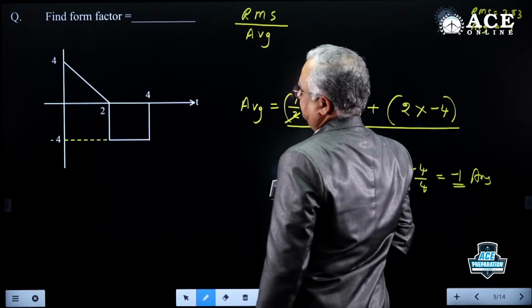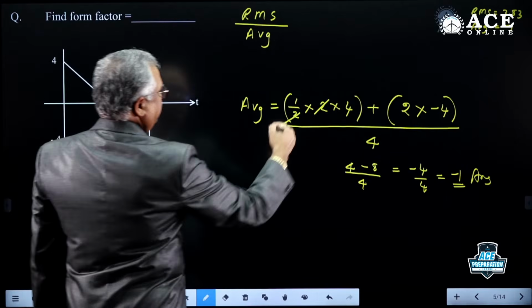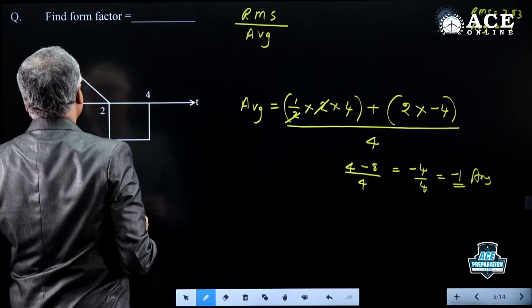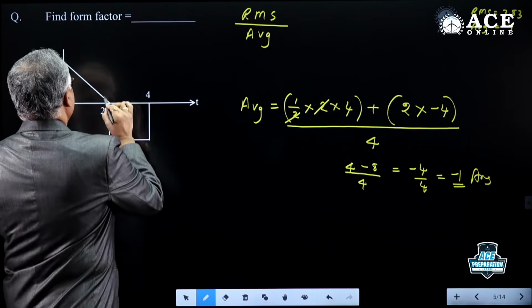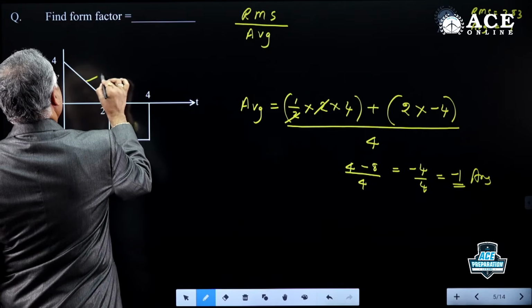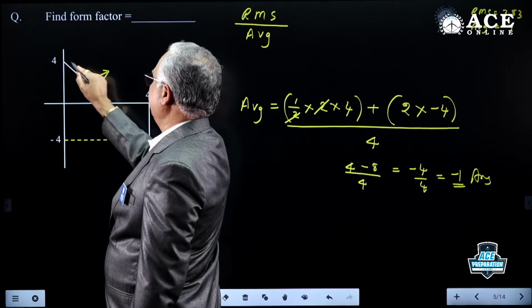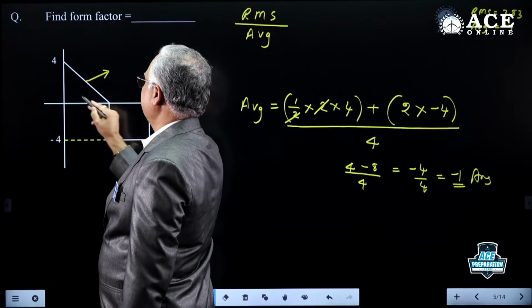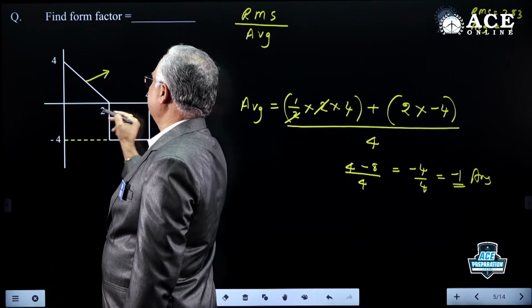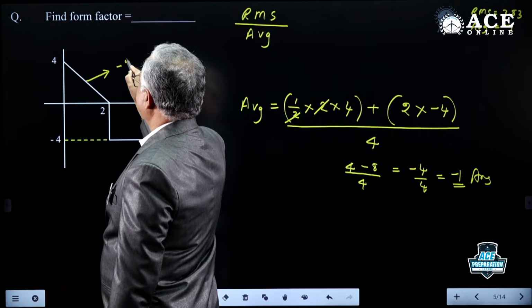Next, RMS. For RMS you can't apply this area rule, compulsorily use the formula. Before you use the formula, you should know this equation. It is like y equal to mx plus c. So what is the slope? Negative slope. This height is 4, this is 2. 4 by 2, 2, negative, minus 2t.